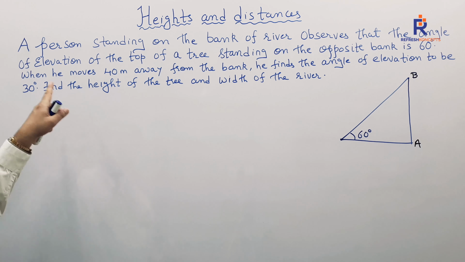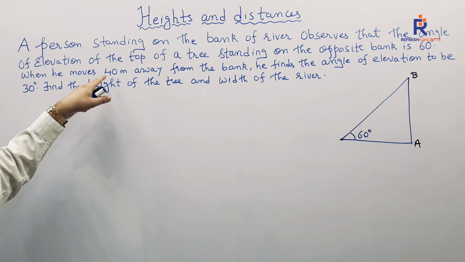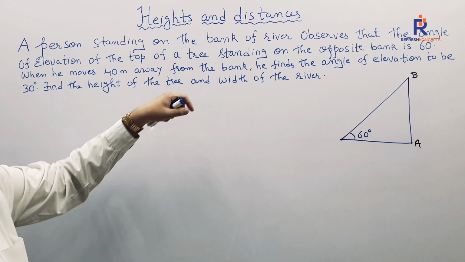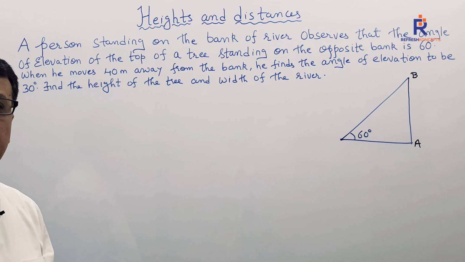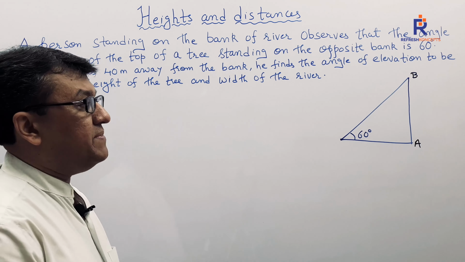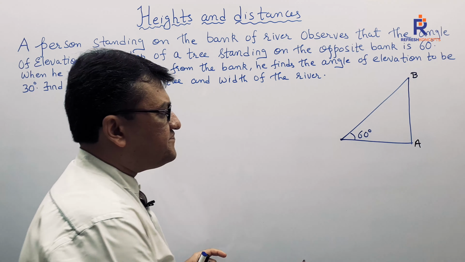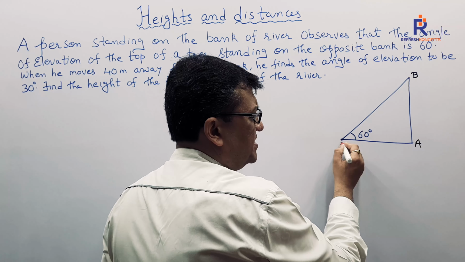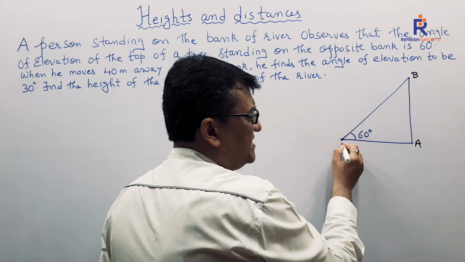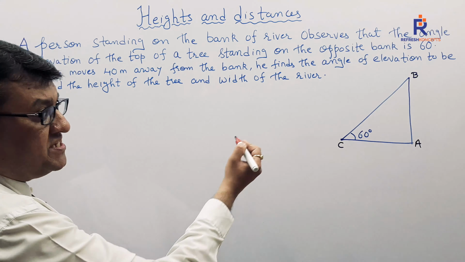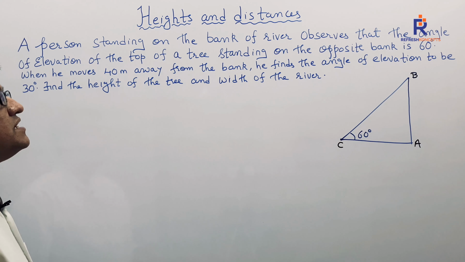Now the question adds on: when he moves 40 meters away from the bank. Now children, at this particular juncture, a question may arise as to where exactly the person will move. So let me first write down where exactly the person is. Let me say initially the person is at point C, which is on the opposite side of the river.